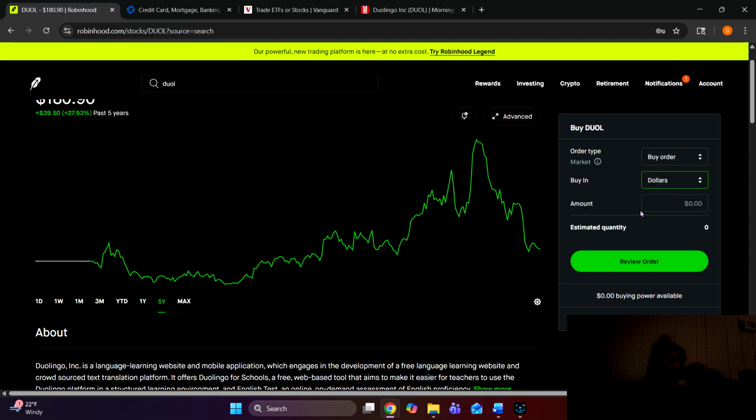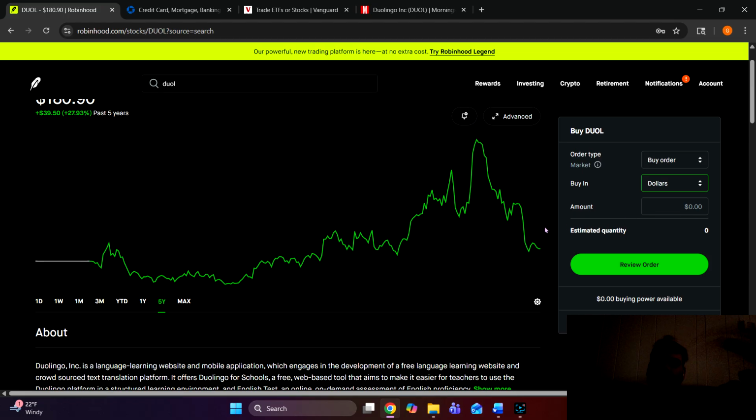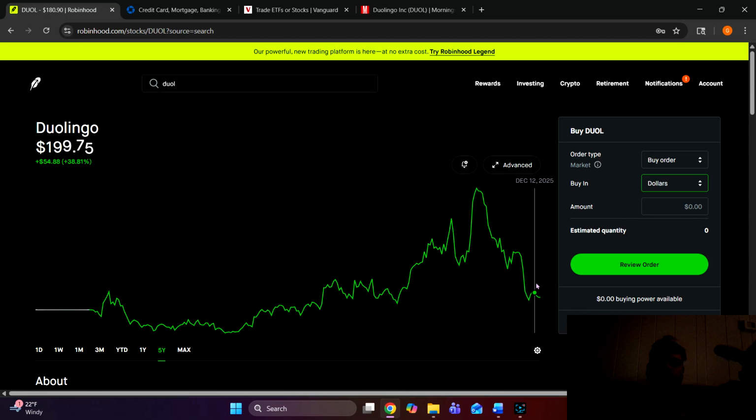This is where your allocation comes into play. So we thought that Duolingo was going to outperform our other stocks in our portfolio. Maybe we want to have our allocation heavier in Duolingo, like 10% or 15% of the portfolio. If our account balance was $1,000, 15% of $1,000 is $150.